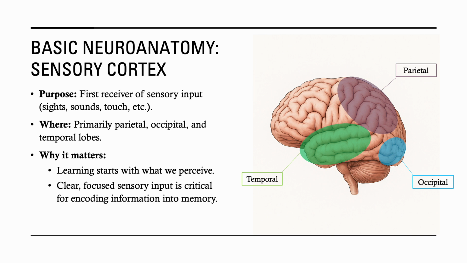Our auditory cortex, which is in our temporal lobe on the sides of our brain, helps us make sense of sound. And hopefully I don't say this wrong, somatosensory cortex in our parietal lobe, across the top of our brains, helps us feel touch, pressure, temperature, and just in general, each area focuses on its own sense.